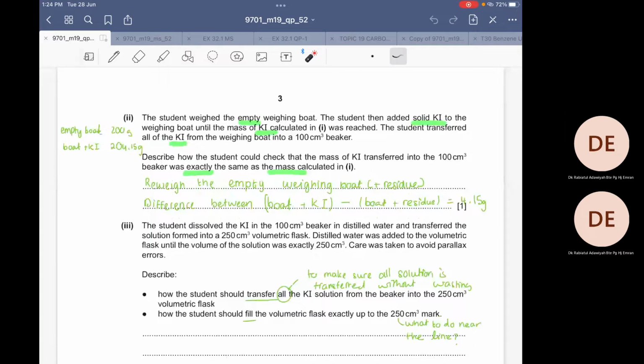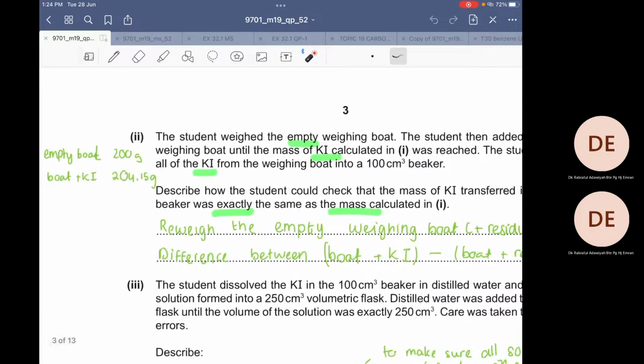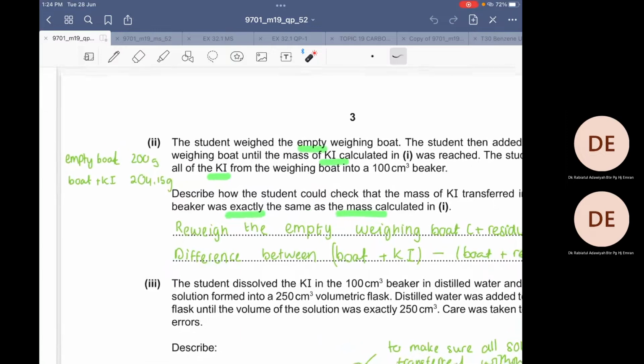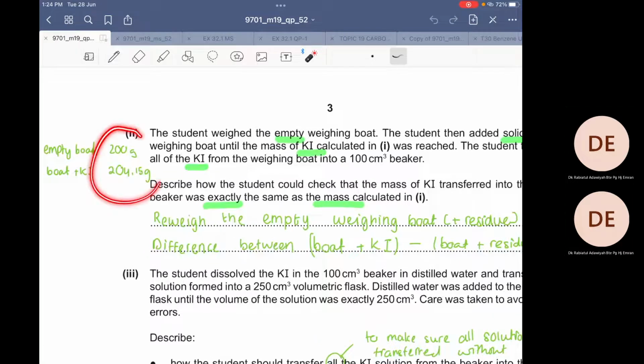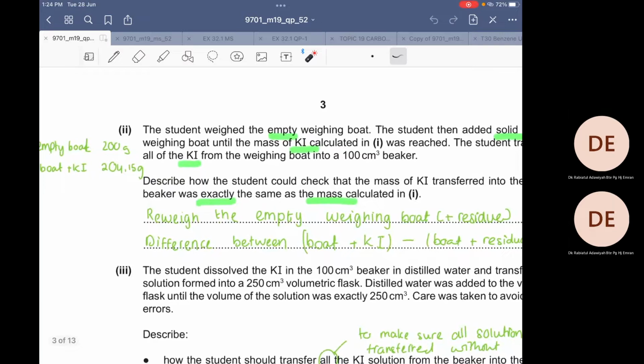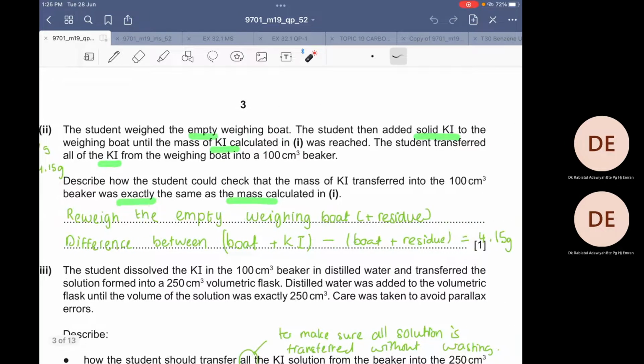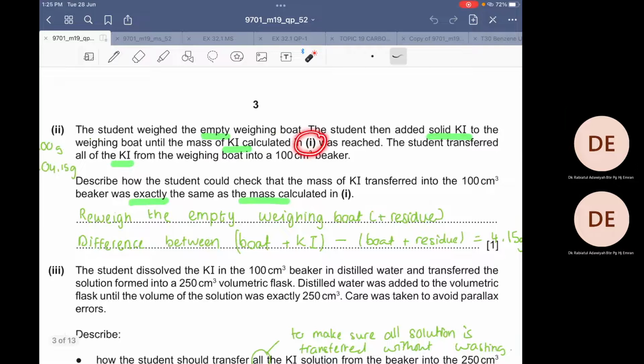Okay. Next, the student. So what the question is saying, the student weighed the empty weighing boat. I have made up some number here, just so that it's easy for us to visualize. The student weighed the empty weighing boat, and then the student added the solid potassium iodide, the calculated mass.